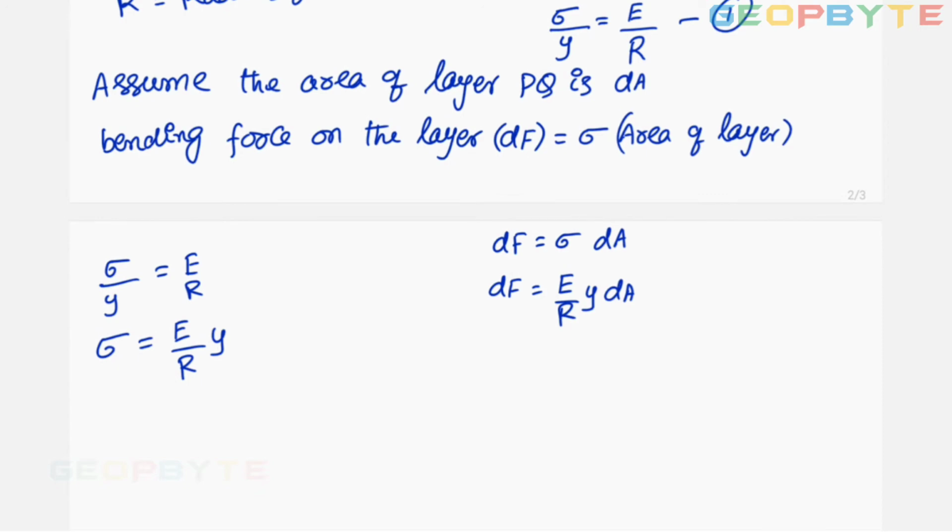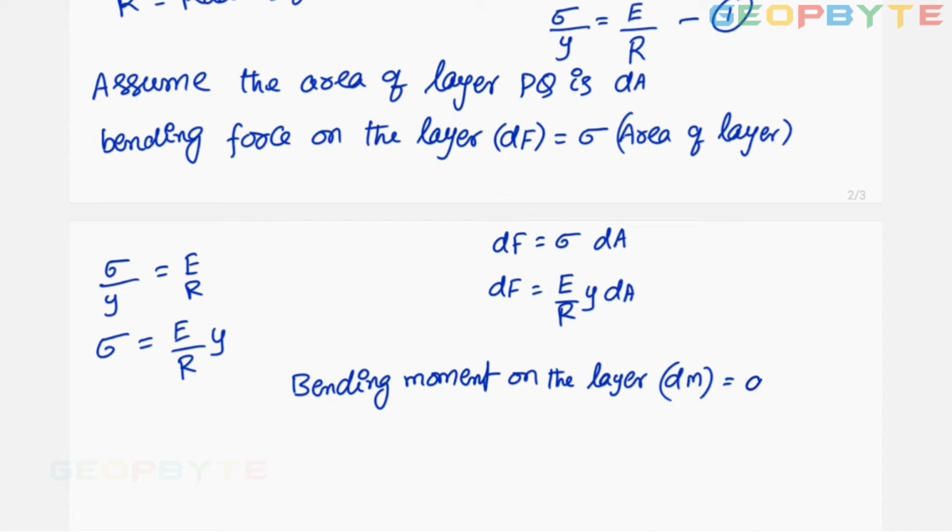Now the bending moment on the layer. dM equals the bending force multiplied by the distance from the neutral axis to that layer, that is y.